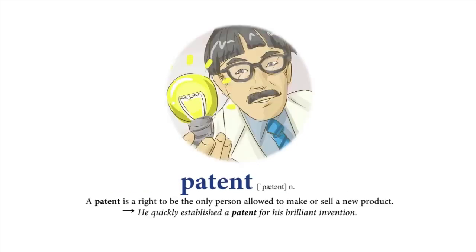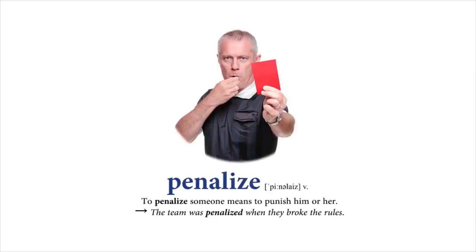Patent. A patent is a right to be the only person allowed to make or sell a new product. He quickly established a patent for his brilliant invention. Penalize. To penalize someone means to punish him or her. The team was penalized when they broke the rules.